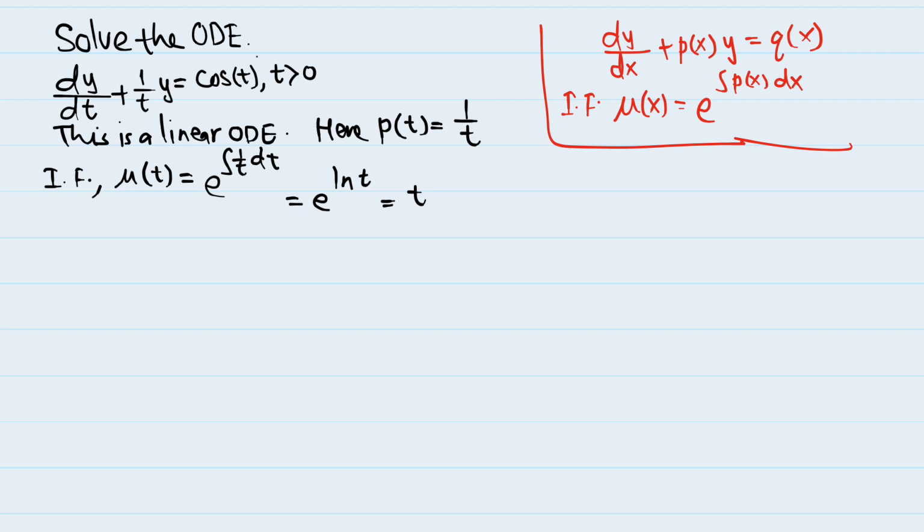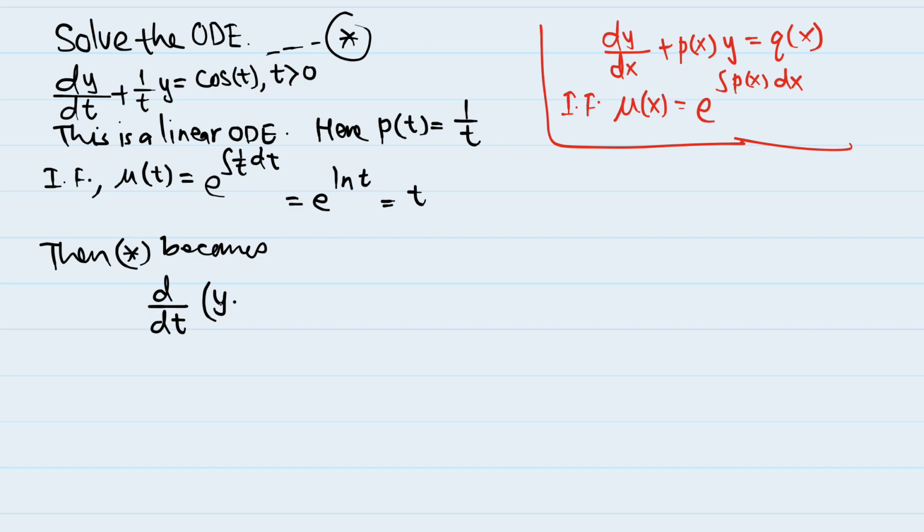Now we multiply the given ODE by the integrating factor. Then star becomes, after multiplying both sides by the integrating factor t, the left hand side will be the derivative of the dependent variable times the integrating factor, which is t.